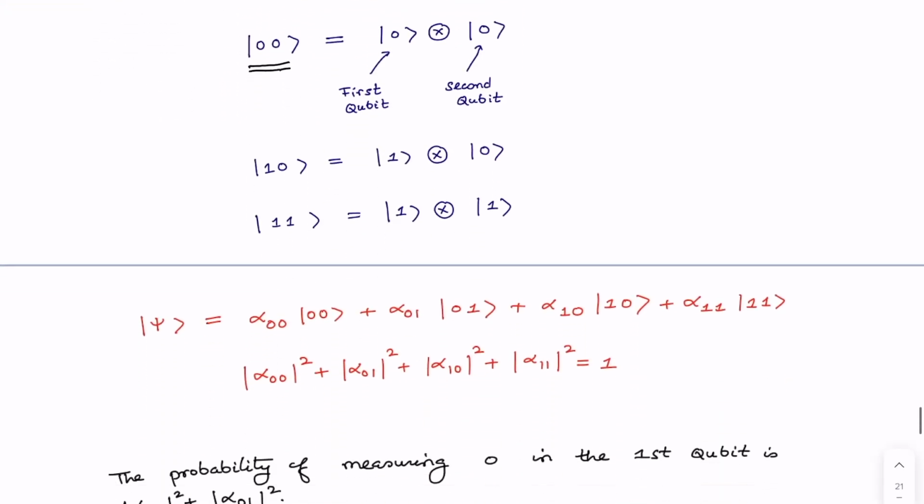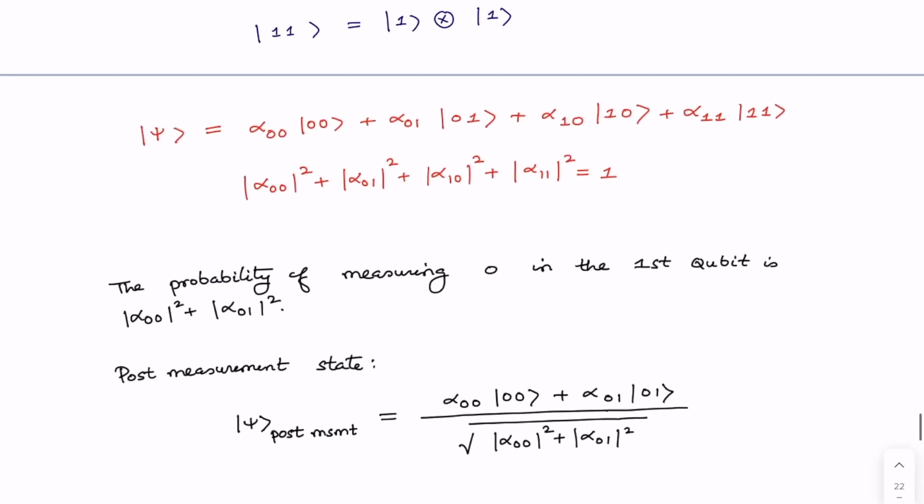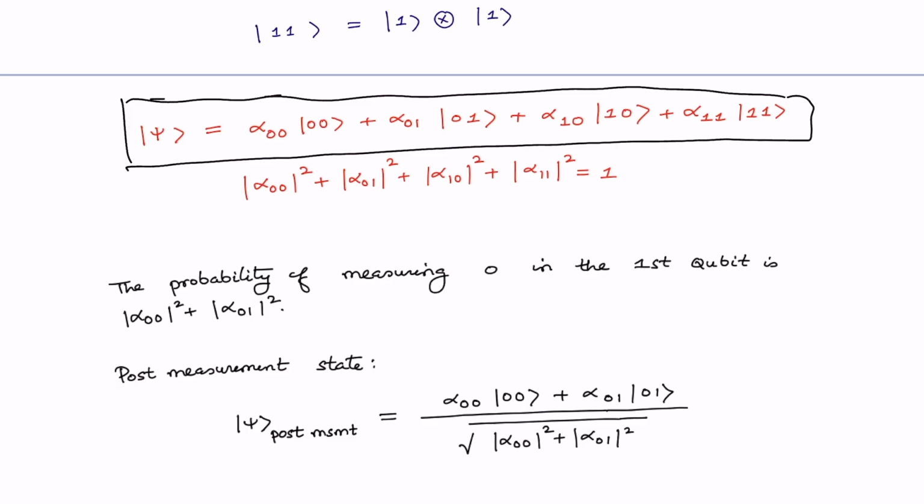Similarly, in K10, K1 corresponds to the first qubit, K0 corresponds to the second qubit, and so on. Now you see, if we make a measurement on this two-qubit system and want to get 0 as the measurement in the first qubit, then if you look at this quantum state, you will see that K0 in the first qubit belongs to this term here and this term here.